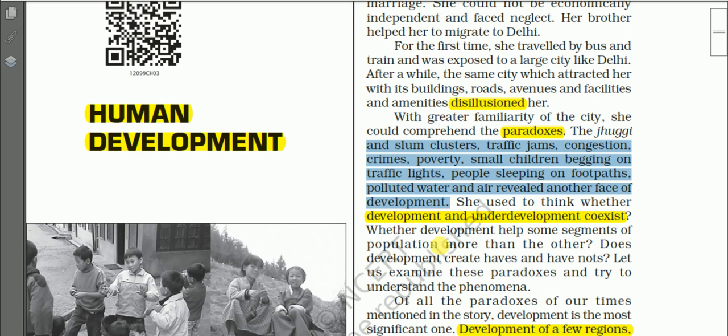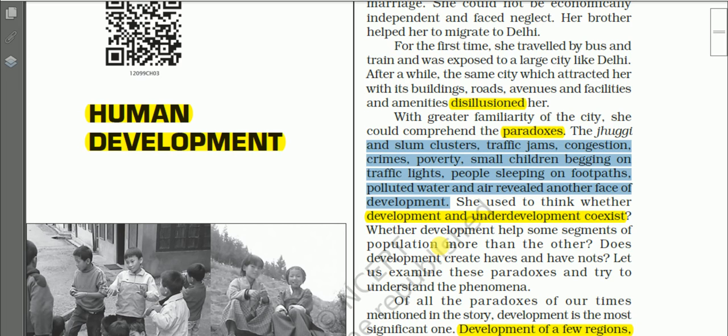So these are also seen in the big cities. Jhuggi jhopri, slum colonies, shanty colonies, then traffic jams, congestion, crimes, urban poverty, small children begging on traffic lights, people sleeping on the footpaths of the big cities, then polluted water, polluted air, all these are another phase of development.